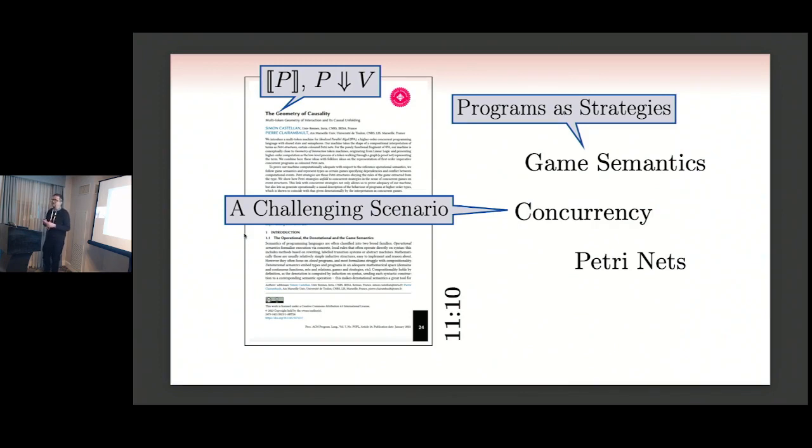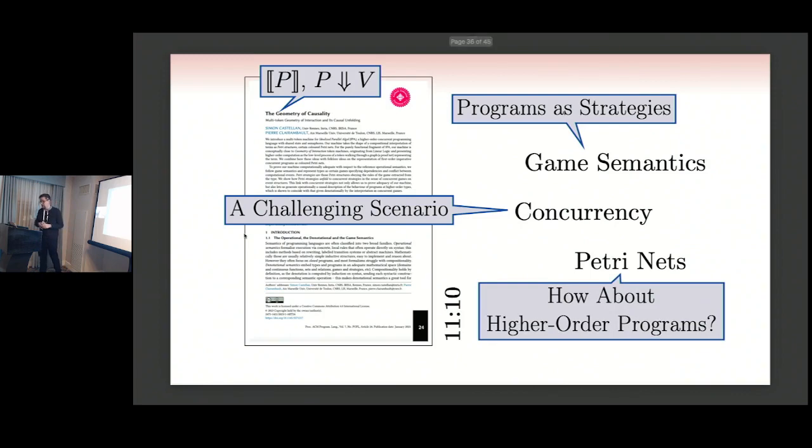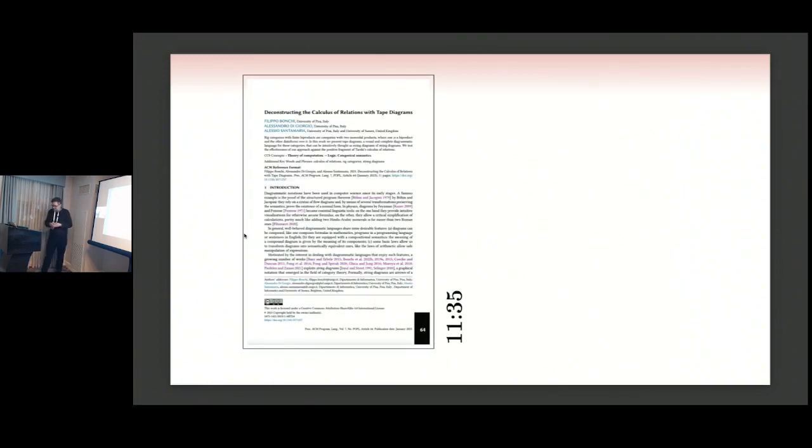Maybe some of you know. This is a classic model of computation, very nice. It is causal in structure, by definition, and they managed to do it for a higher order programming language, which is quite remarkable.